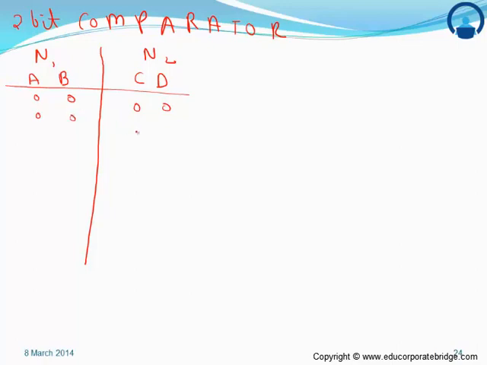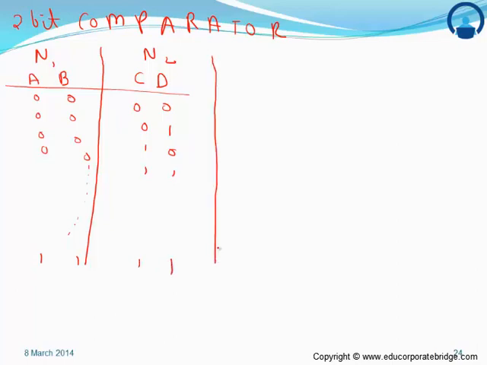Here the comparator will be comparing two numbers n1 and n2, each having 2 bits, A, B and C, D. So let's start the numbering 0, 1, 2, 3, till we get 15.